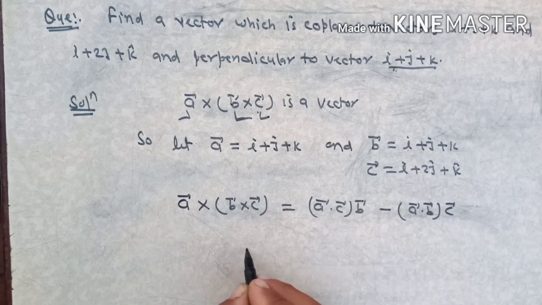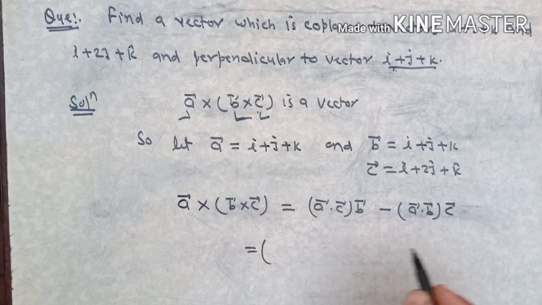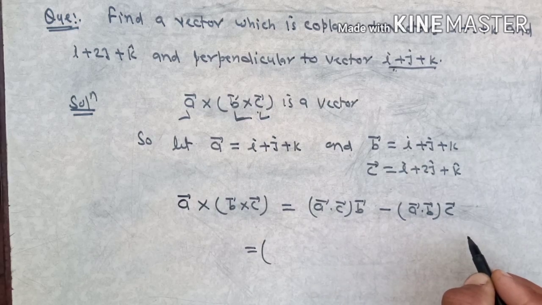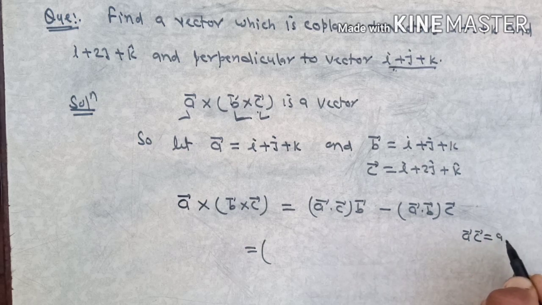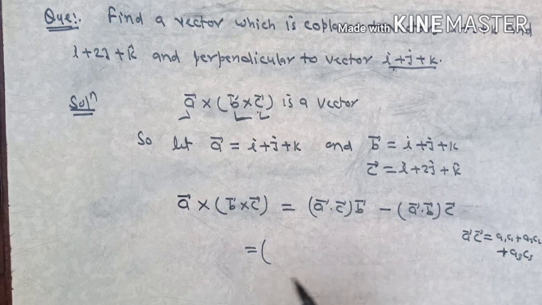vector C. Vector A dot vector C, you know the dot product of two vectors. Vector A dot vector C means a1 c1 plus a2 c2 plus a3 c3, that is, multiply corresponding coefficients.